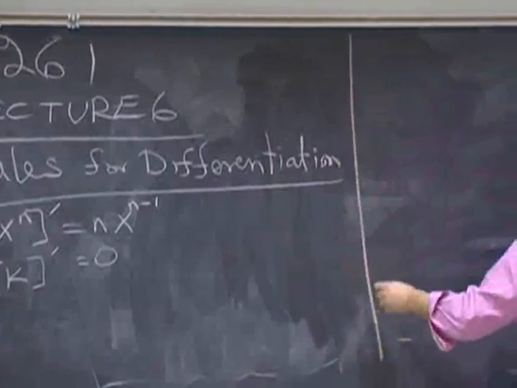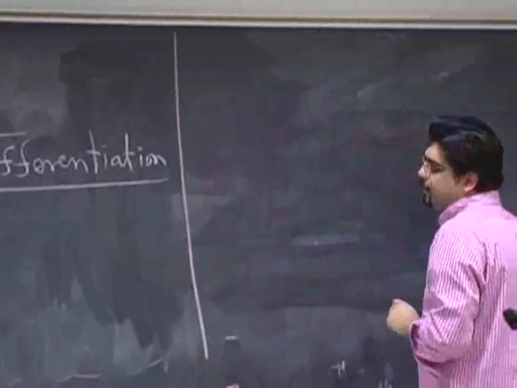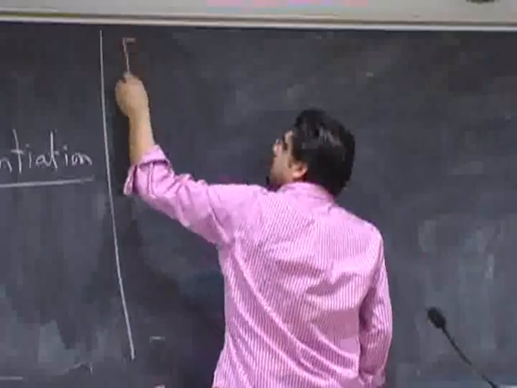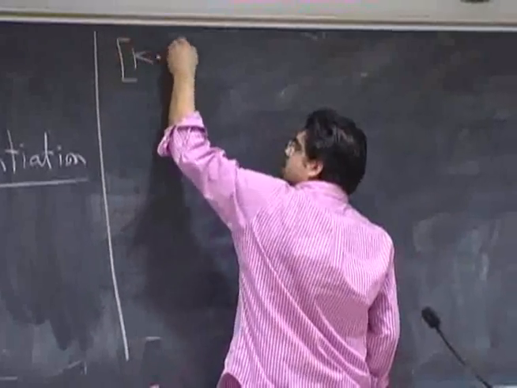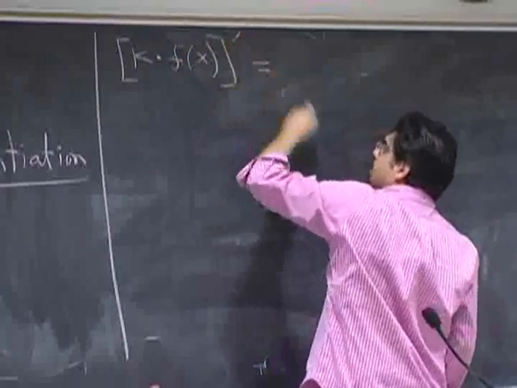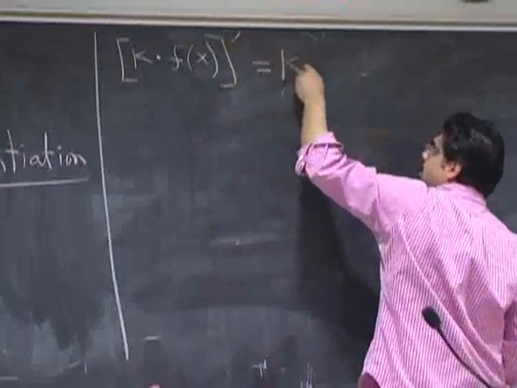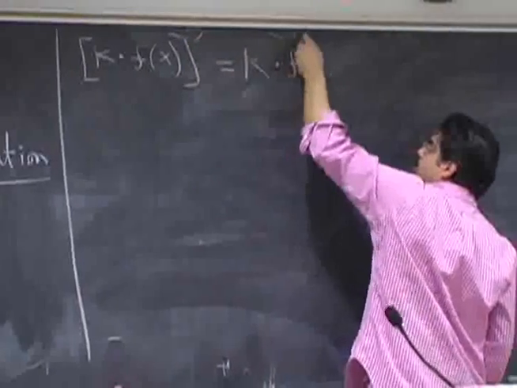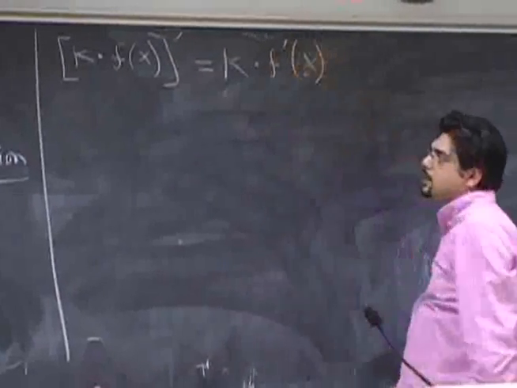Now, if f is differentiable, then the derivative of a constant times f was equal to the constant times the derivative of f. That was the constant multiple rule.